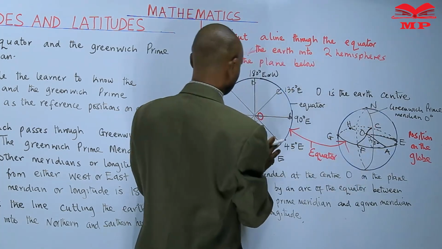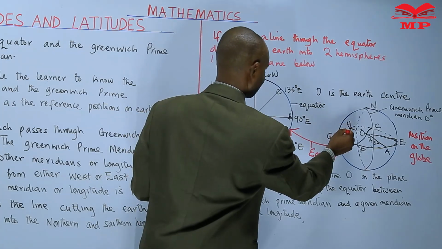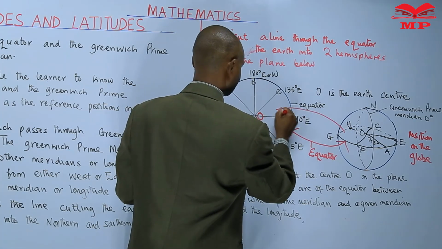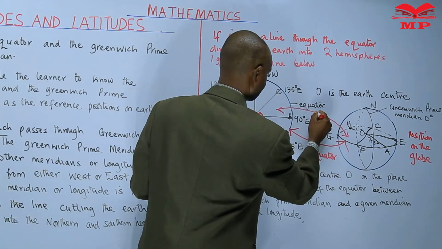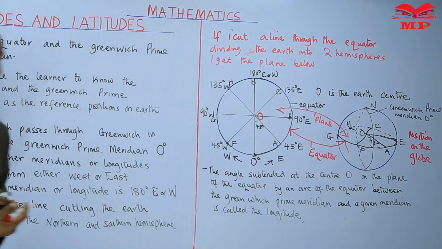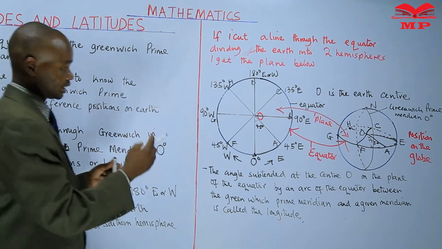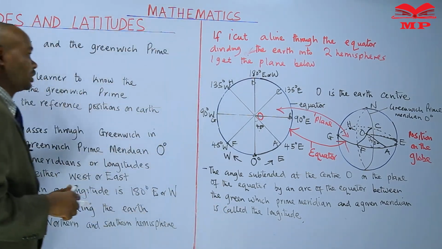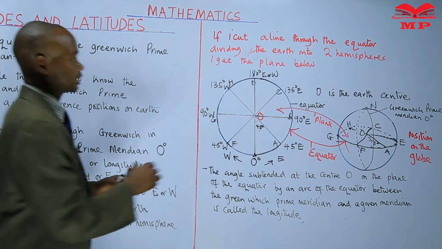So I've cut through. This is the plane I'm talking about, Lana. I've used that plane to explain what longitude is. The longitude of a point is that angle.